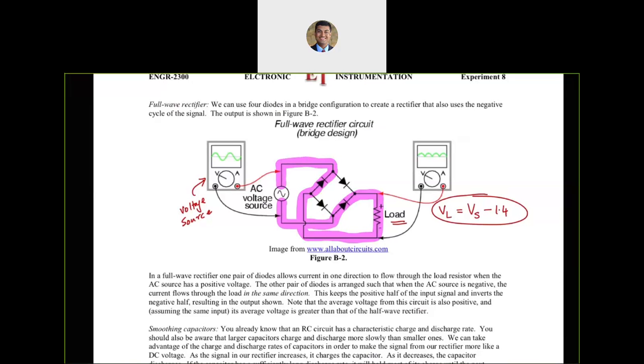As you can see, it is using the other two diodes in the other direction when the negative voltages are there. But the point is, the load sees both positive and negative half cycles. So even for the negative, we have the same relationship, but now they are going to be negative.